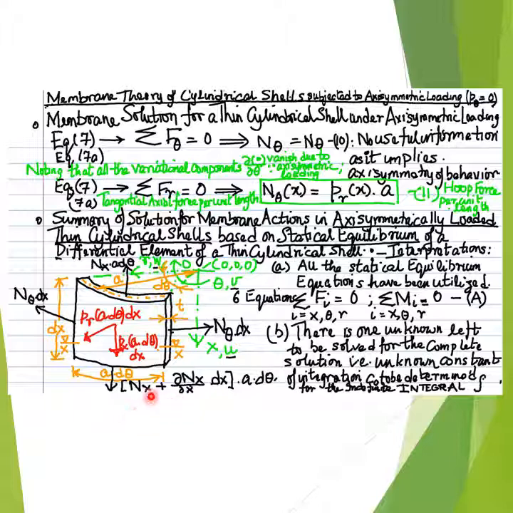Therefore, it appears that the membrane solution of a thin cylindrical shell subjected to axisymmetric loading is statically indeterminate, and thus we need to resort to kinematics or compatibility of displacements as in case of any statically indeterminate problem in structural analysis.